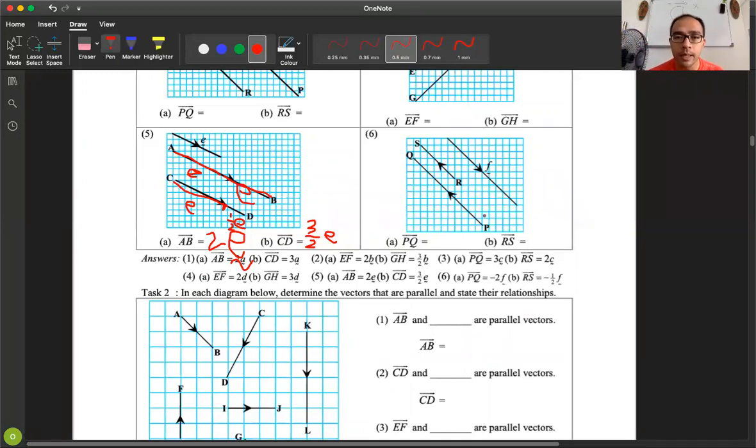Now let's take a look at number 6. The original one is F, this way. I want to do PQ first. Take a look at PQ. This is F. How many? 1, 2, 3, 4, 5, 6, 7, 8, 9, 10 by 1, 2, 3, 4, 5, 6, 7, 8, 9, 10. So the travelling is 10 by 10, 10 to the right, 10 down. What about here?